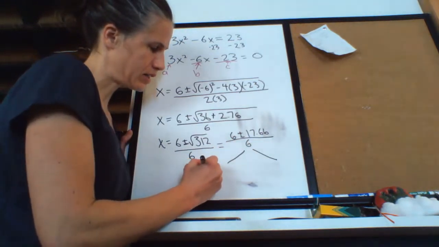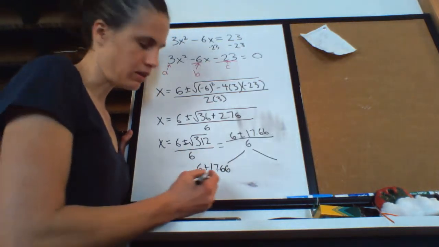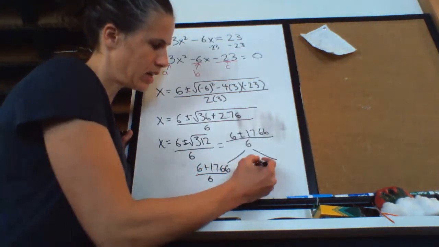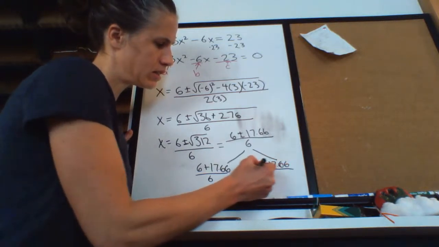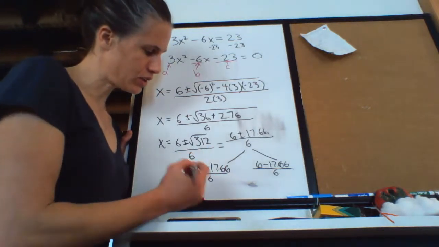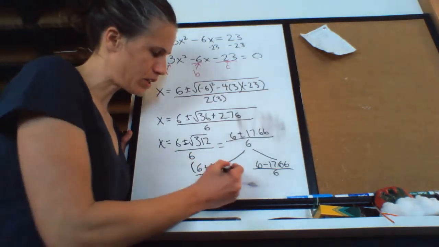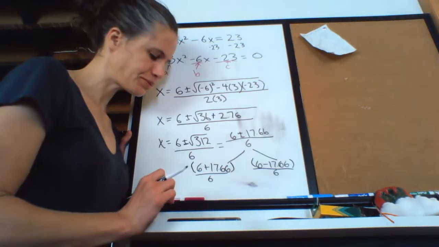So I'm going to do 6 plus 17.66 all over 6, and 6 minus 17.66 all over 6. Be sure you do the numerator first, or if you want to plug it in all at once, you're putting parentheses around this whole numerator.